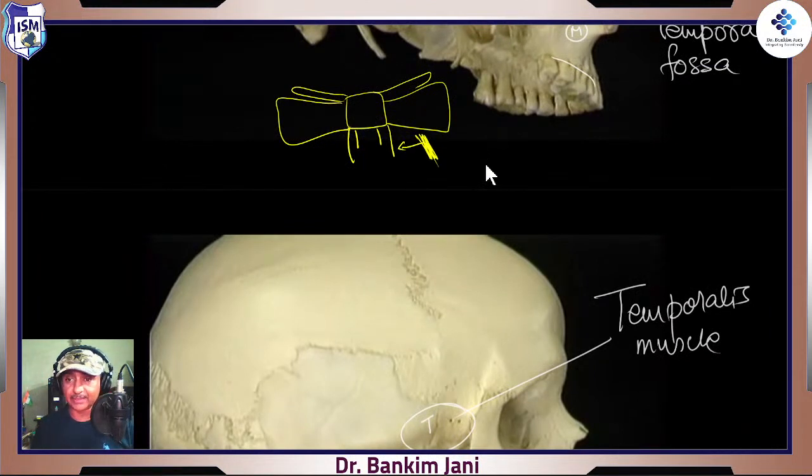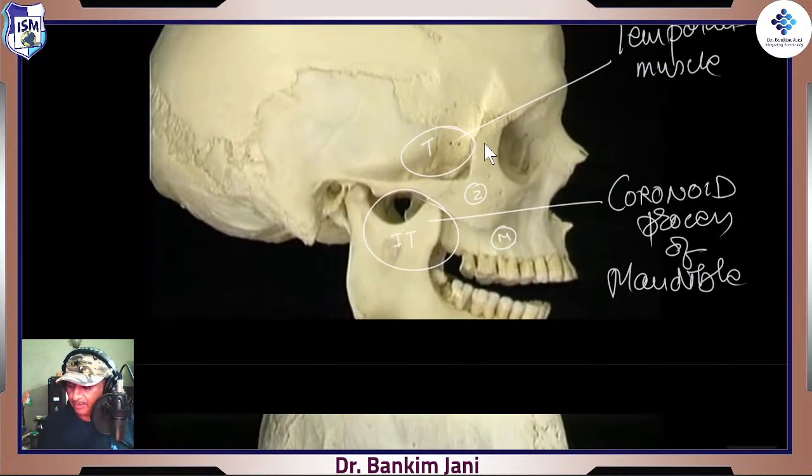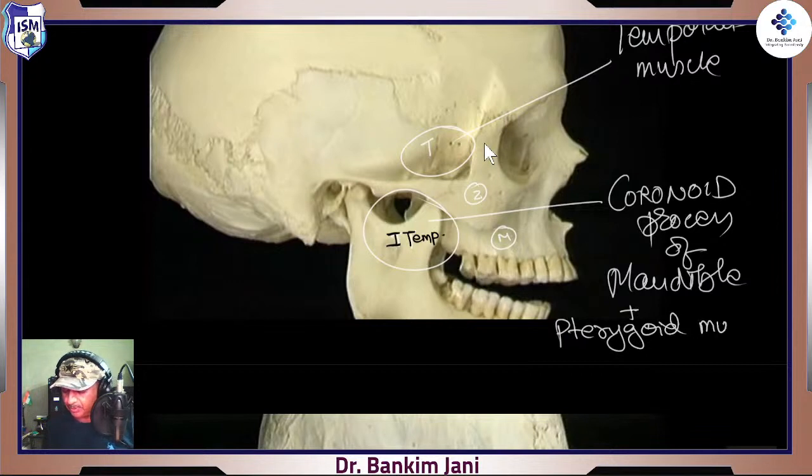So in this infratemporal fossa, we'll also be getting the pterygoid muscle. Now, no need to cram. We remember the pterygoid muscle because we'll remove this and we'll see the pterygoid plates, right?